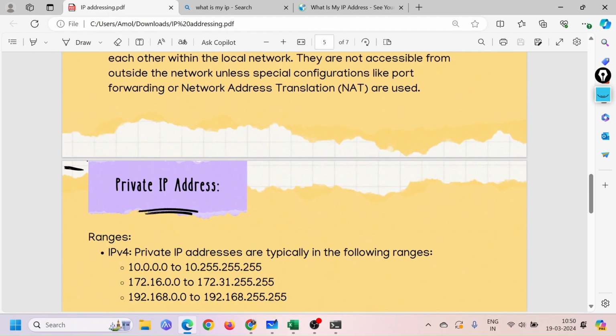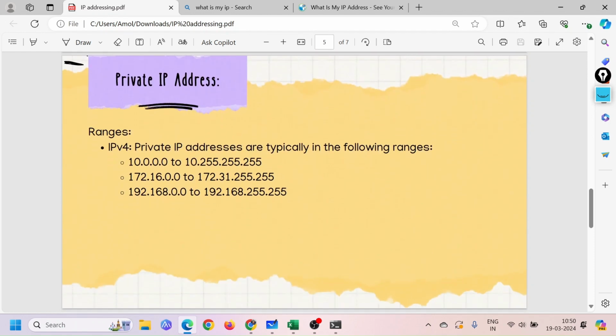Fine. Then these are the ranges we have. There is some specific range within which only those IP addresses can be used as a private IP. Here you can see it's a 10 dot series, then a 172.16 dot series and a 192.168 series.